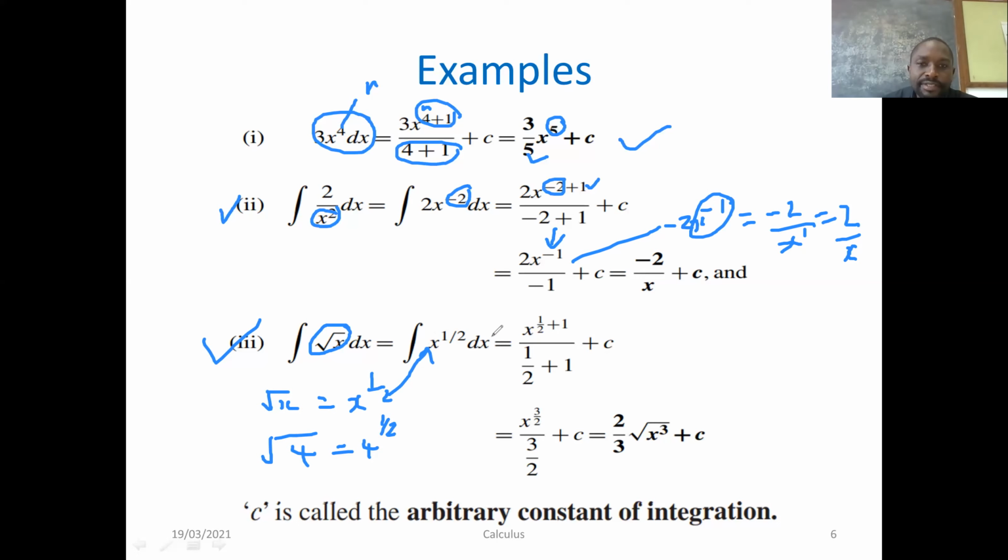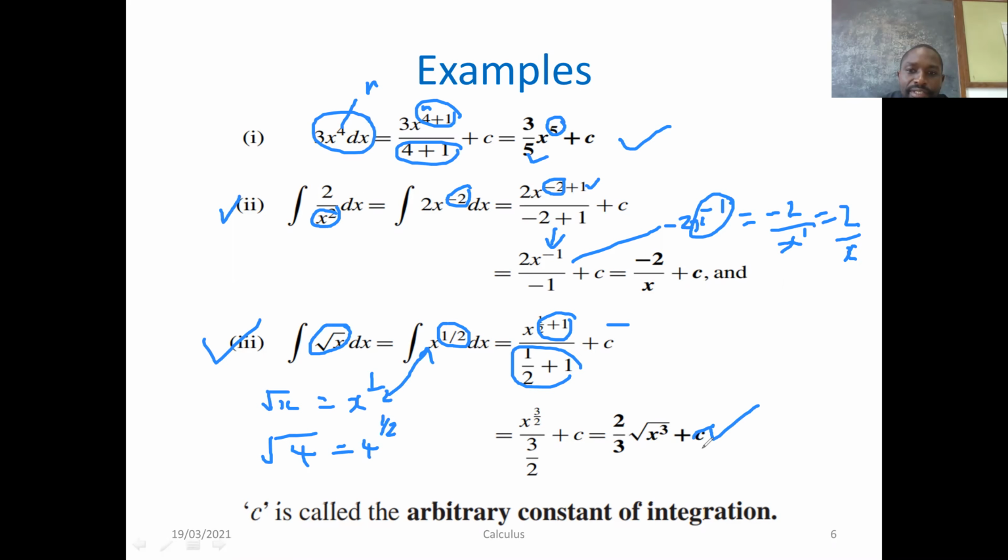Again, this is now in the standard format. This becomes our n, so n plus 1 is half plus 1. When you add this, it will be reduced to x to the power 3 over 2 after adding half plus 1, and then divide by 3 over 2, which can be simplified as 2 over 3 root x to the power 3, plus a constant.